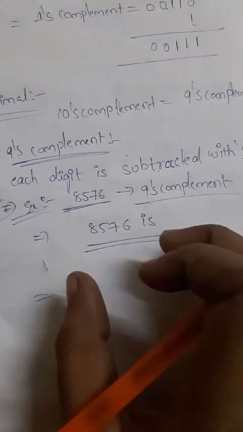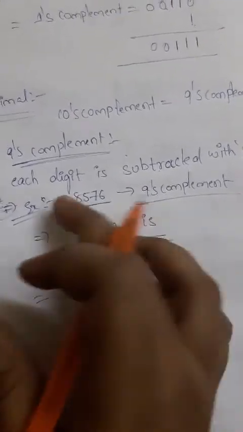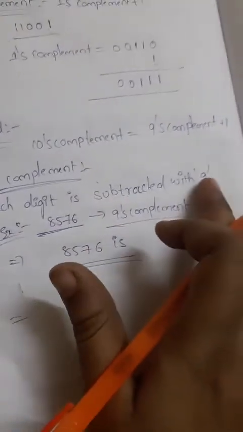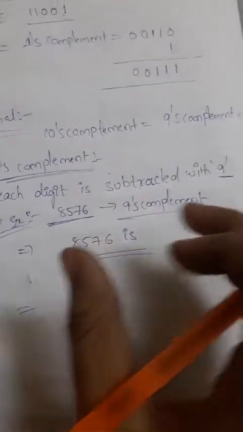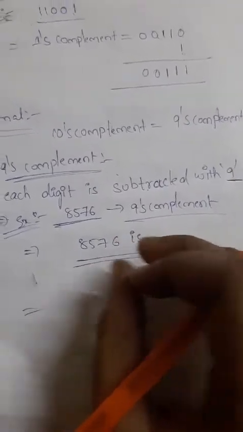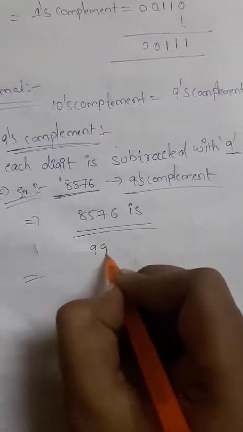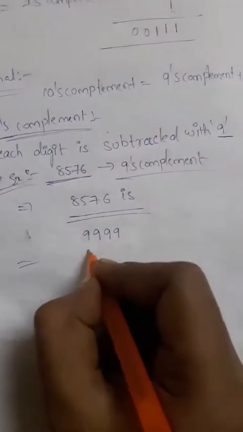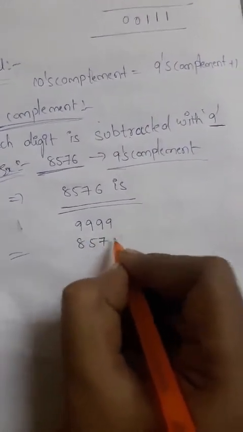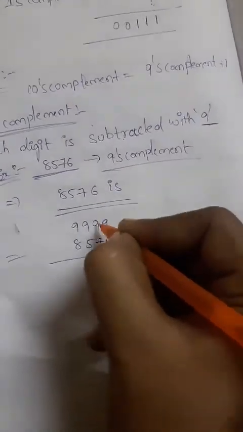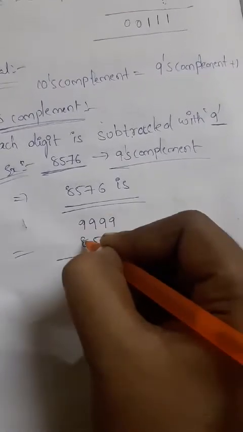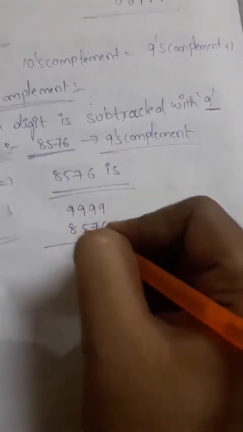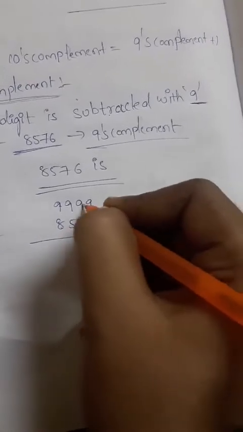Totally we have a 4-digit number, so we take 4 nines, double nine double nine. I already explained, each digit, 8 5 7 6, is subtracted from 9. Observe here: 8 is subtracted from 9, 5 is subtracted from 9, 7 is also subtracted, and 6 is also subtracted from 9.